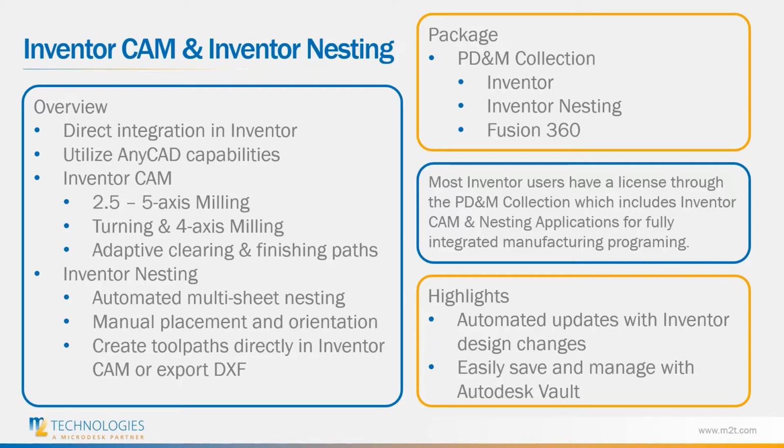It allows for all of these manual decisions to be made and will automate the rest of the sheet around it. Lastly, it allows you to create a tool path directly in Inventor CAM, or you can export a DXF file in order to create those cutting tool paths in another program.